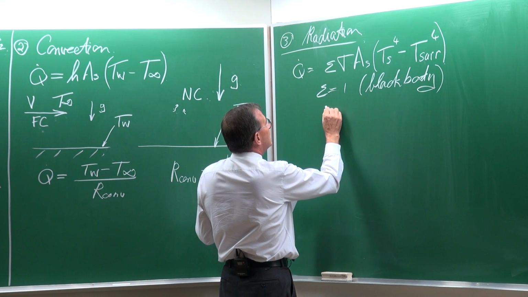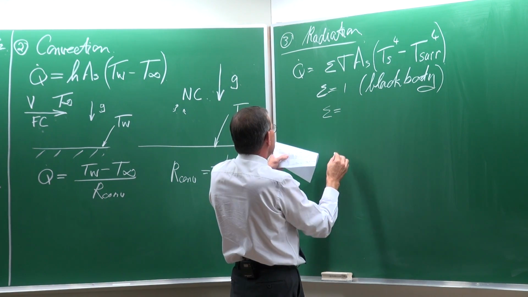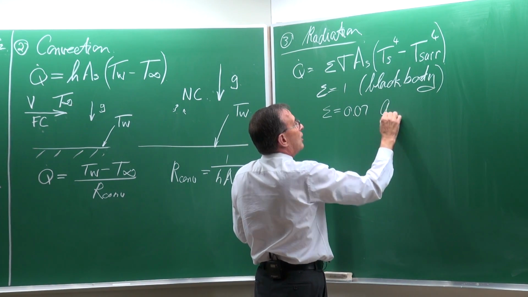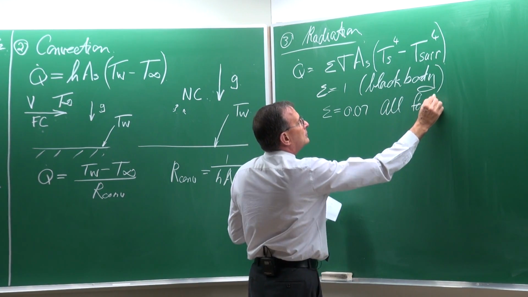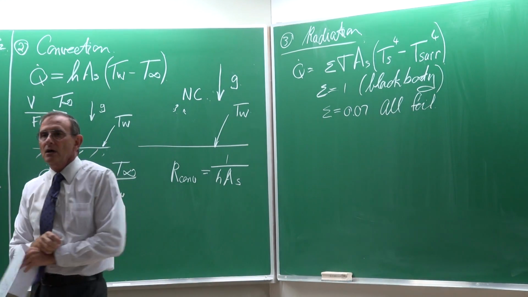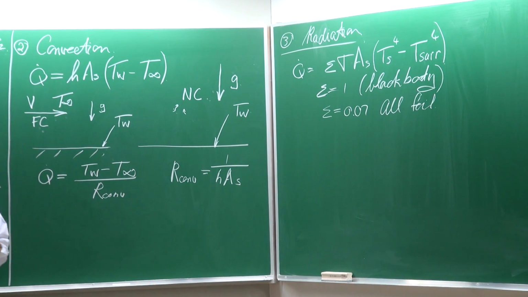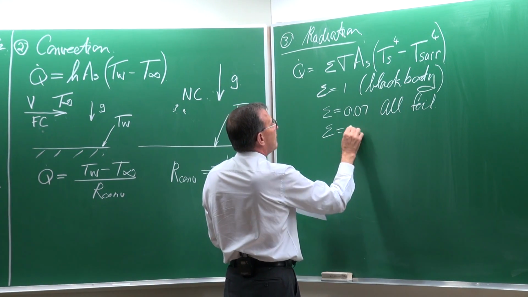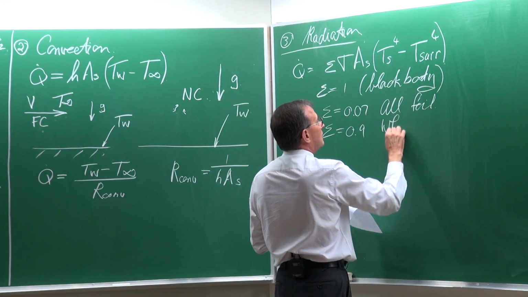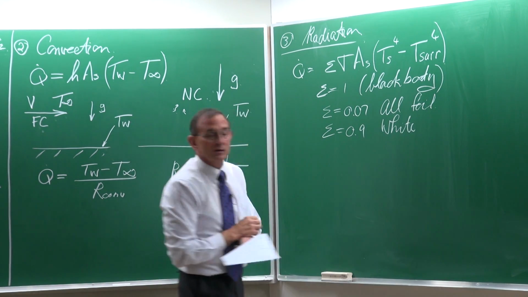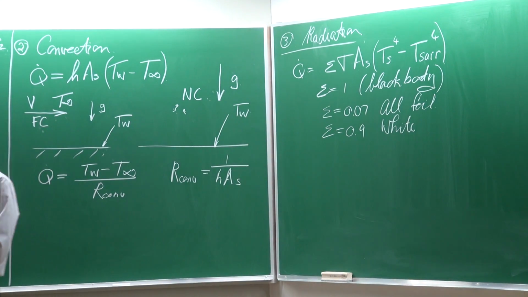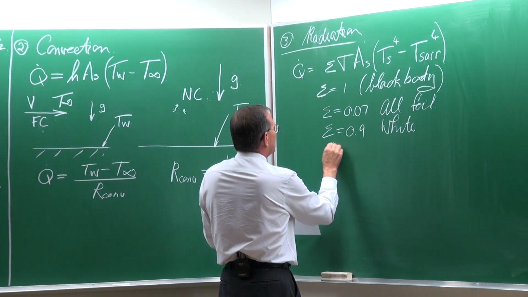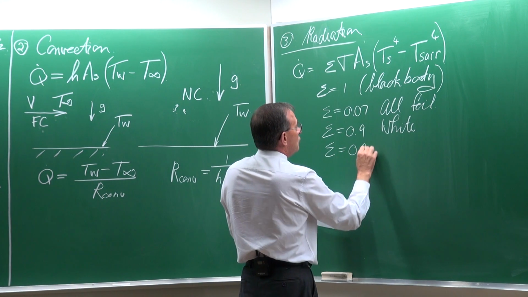Just to give you an idea of different values of emissivity: 0.07 if you use aluminium foil. White paint is 0.9, so you shouldn't think that color has an influence on the emissivity. And for water, it is 0.96.